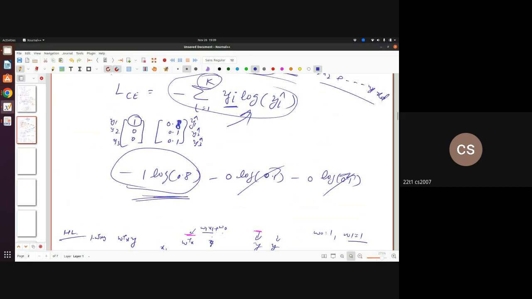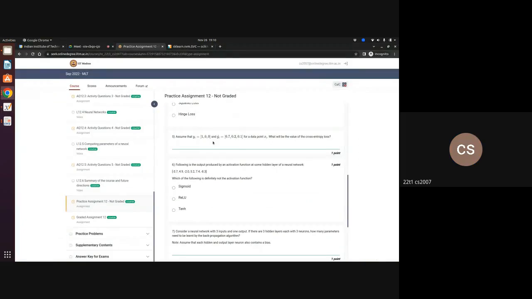This is a classification problem. This is the actual y vector, and this is a 3-class classification problem, as you see. And this is the vector that is produced by our model. Right, 0.7, 0.2, 0.1 are the probabilities that our model has generated.